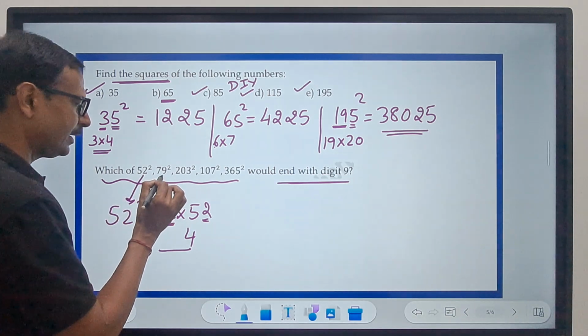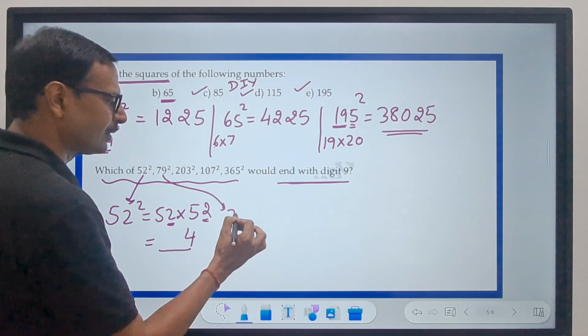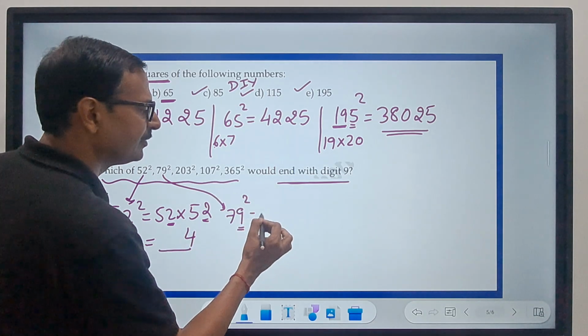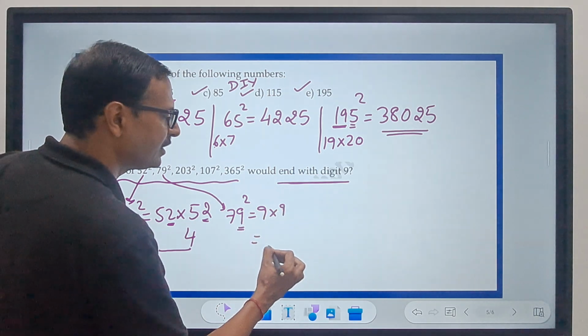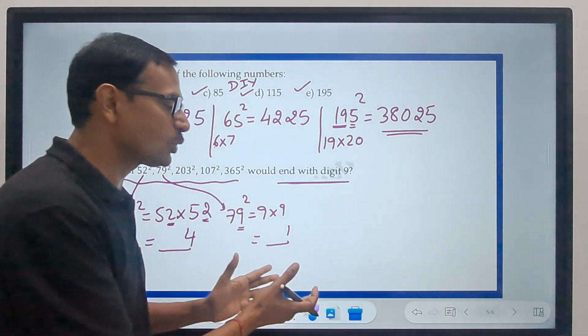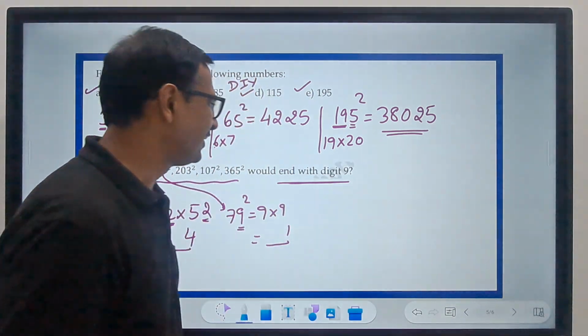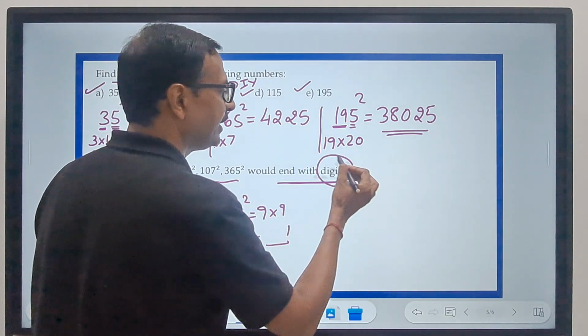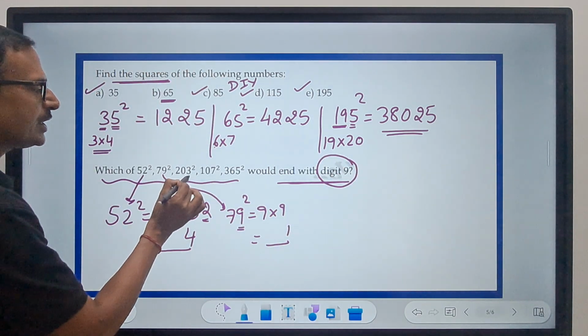Likewise, if you take 79 square, don't multiply 79 and 79, just multiply 9 and 9. 9 and 9 ends in 1 because it is 81, and so 79 square is also going to end in 1. So he wants us to find the numbers that ends with digit 9. 3 into 3 is 9, right?